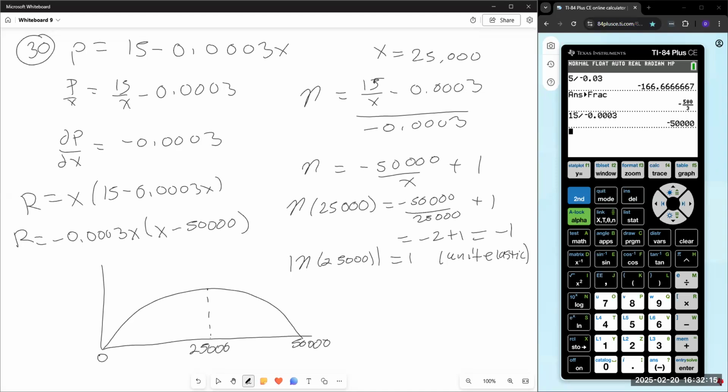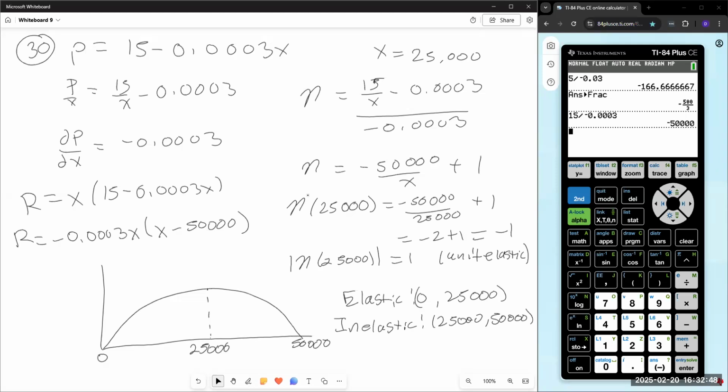And so we are elastic from 0 to 25,000. I'm not putting commas there because the comma is my separator between my initial and final value. Inelastic from 25,000 to 50,000, like that.